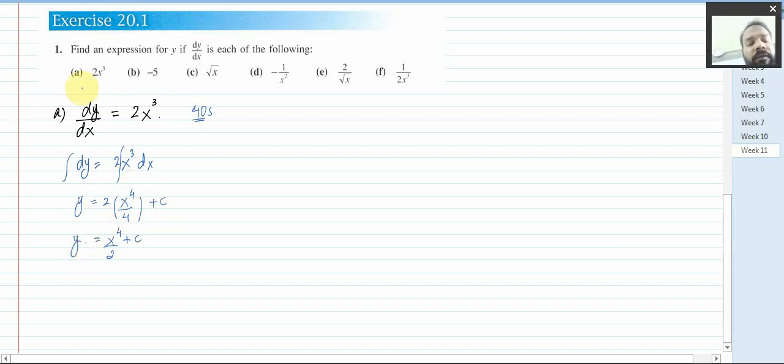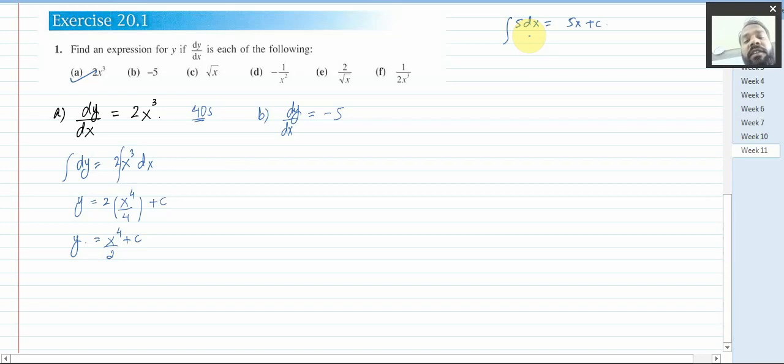Alright. Similarly, if we talk about part B, we have dy over dx is equal to -5. When we talk about differentiation, we mentioned that the differentiation of a constant is 0, but in integration, the integral of any constant will be, for example, 5x plus c, right? So that is the reverse of differentiation.